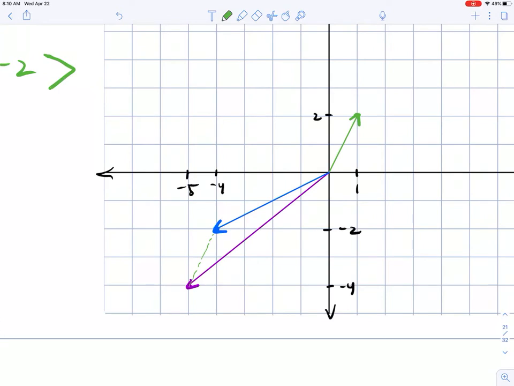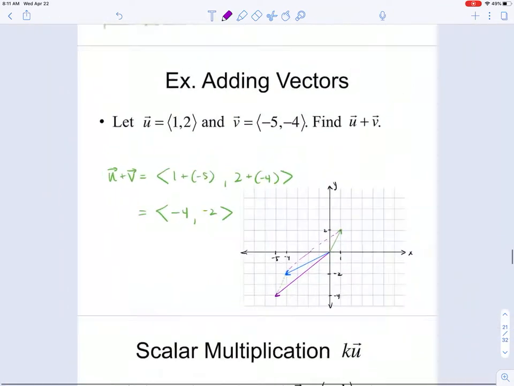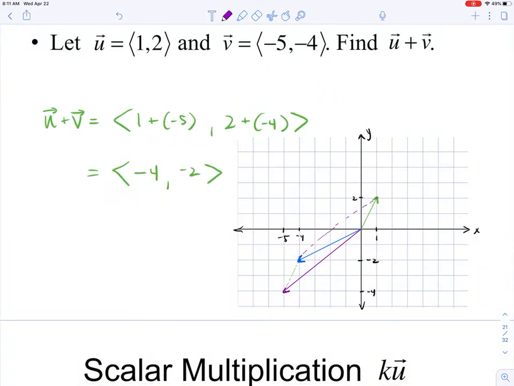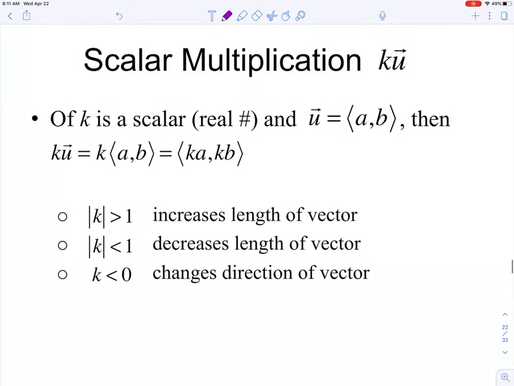So if we thought about the parallelogram method for adding two vectors, if we were to construct a parallelogram here, we can see that the vector u plus v would be that diagonal of the parallelogram.